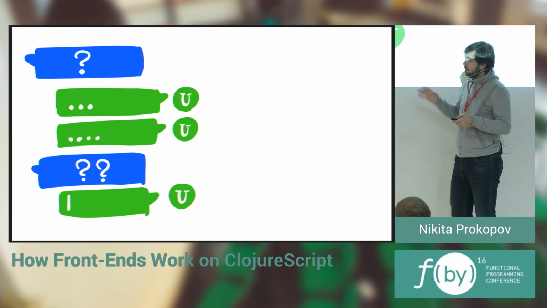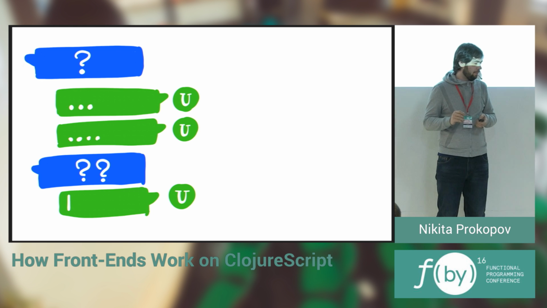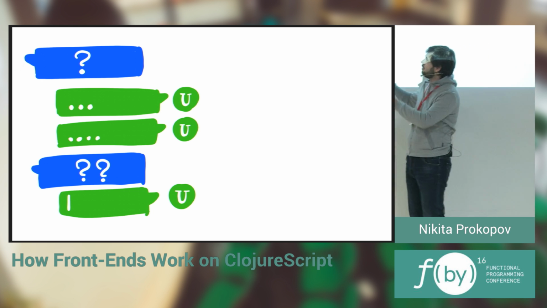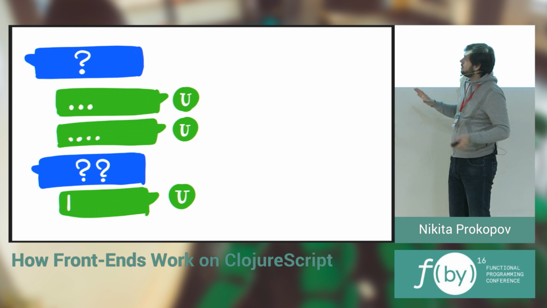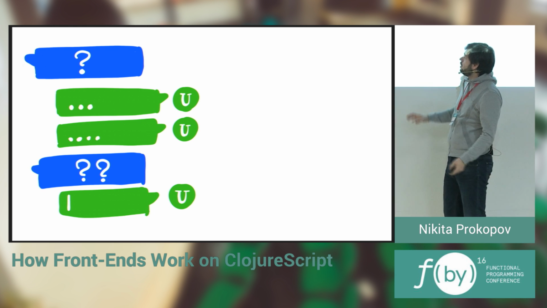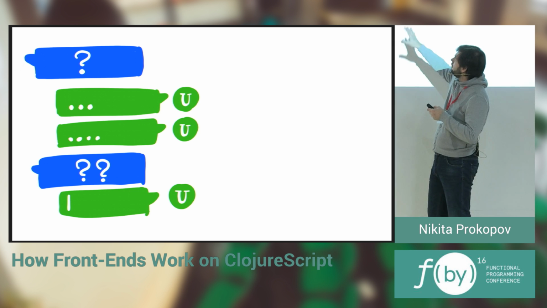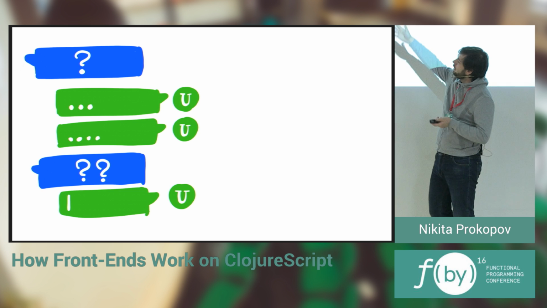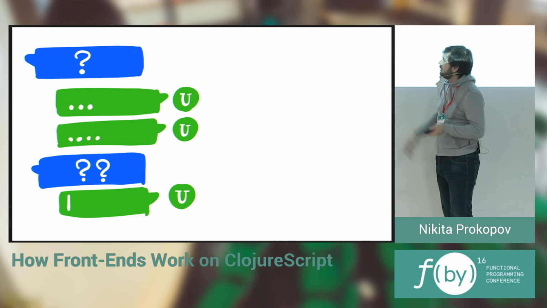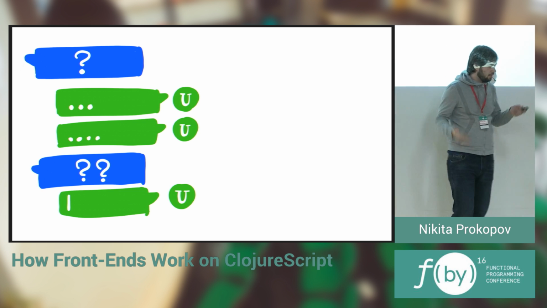I want to give an example. So here is a sketch of a UI, which looks like a chat. It actually resembles what we have in our cognition application. So the blue user asks questions, and the green user answers them, right? He can put a couple of answers, he can skip some, doesn't matter.